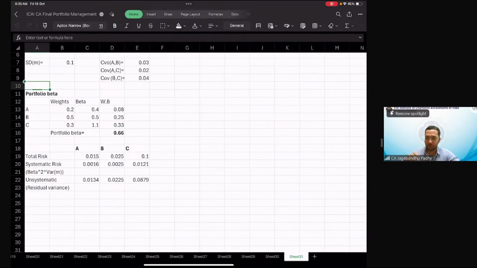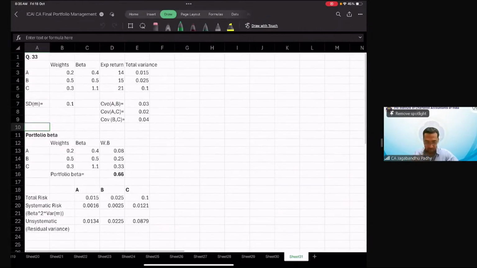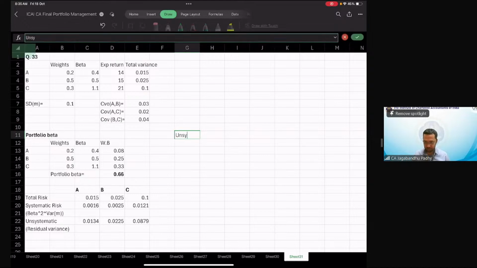So let's try to compute that. Since there are 3 securities, we need to get the unsystematic risk of portfolio.